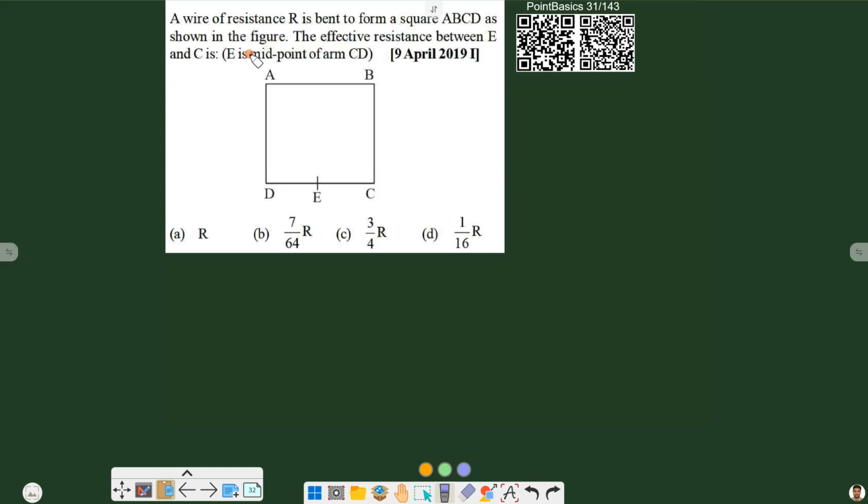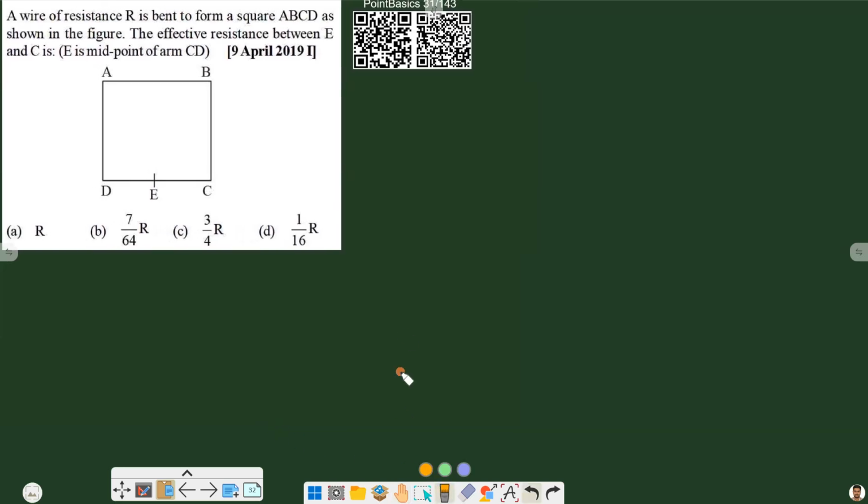We have to find the effective resistance between E and C. As given, the total resistance of the wire is R. Now as the total resistance of the wire is R, each arm of the square will have equal resistance, and there are four arms, so the resistance of this arm will be R by 4, for this again R by 4, and for this R by 4.